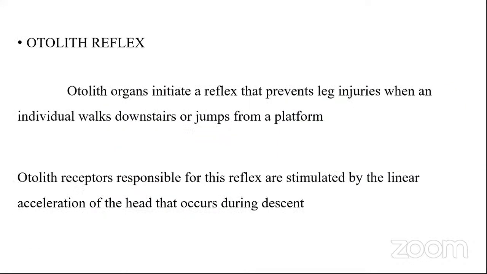The other reflex is the otolith reflex. It initiates a reflex that prevents leg injuries when an individual walks downstairs or jumps from a platform. Otolith receptors responsible for this reflex are stimulated by linear acceleration of the head that occurs during descent.